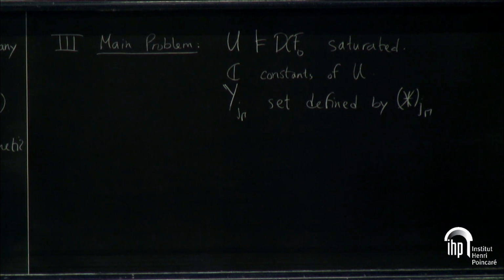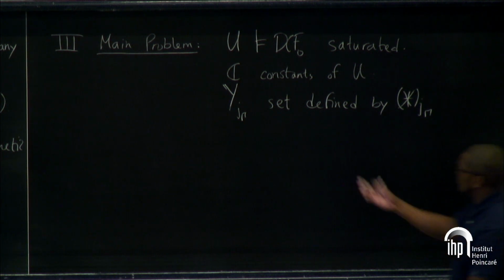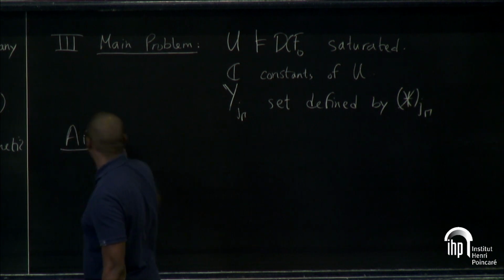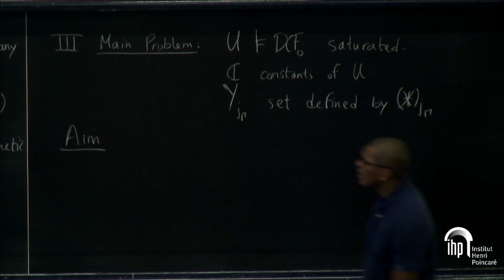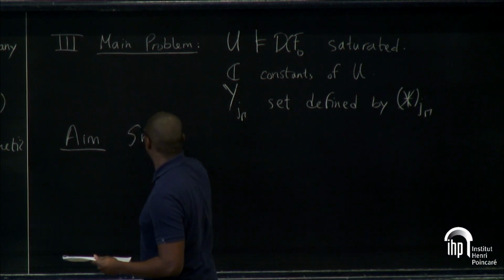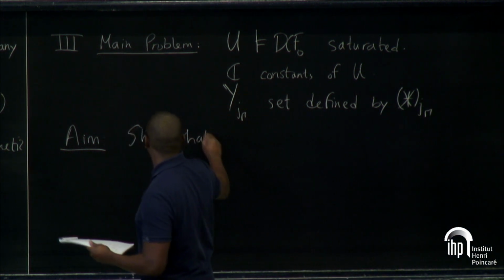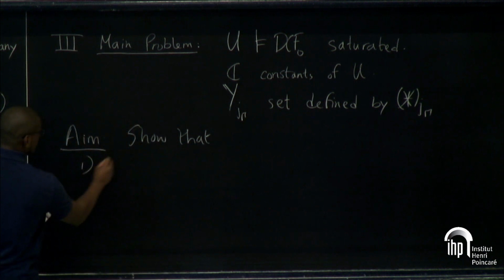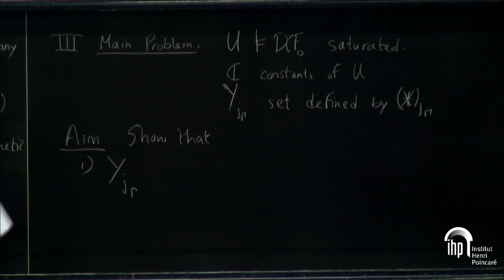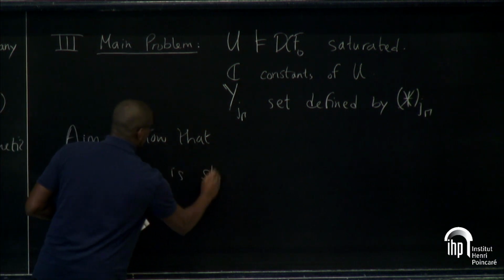And so the aim, the problem that we're looking at, is we want to show that first, the definable set for any of those Fuchsian groups is strongly minimal.